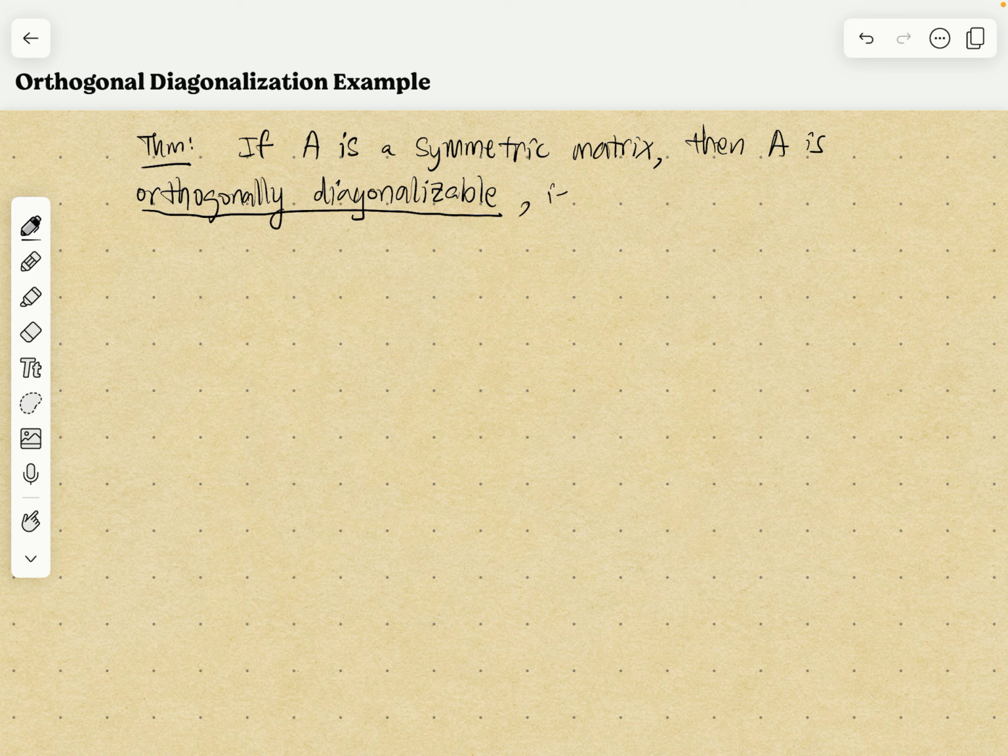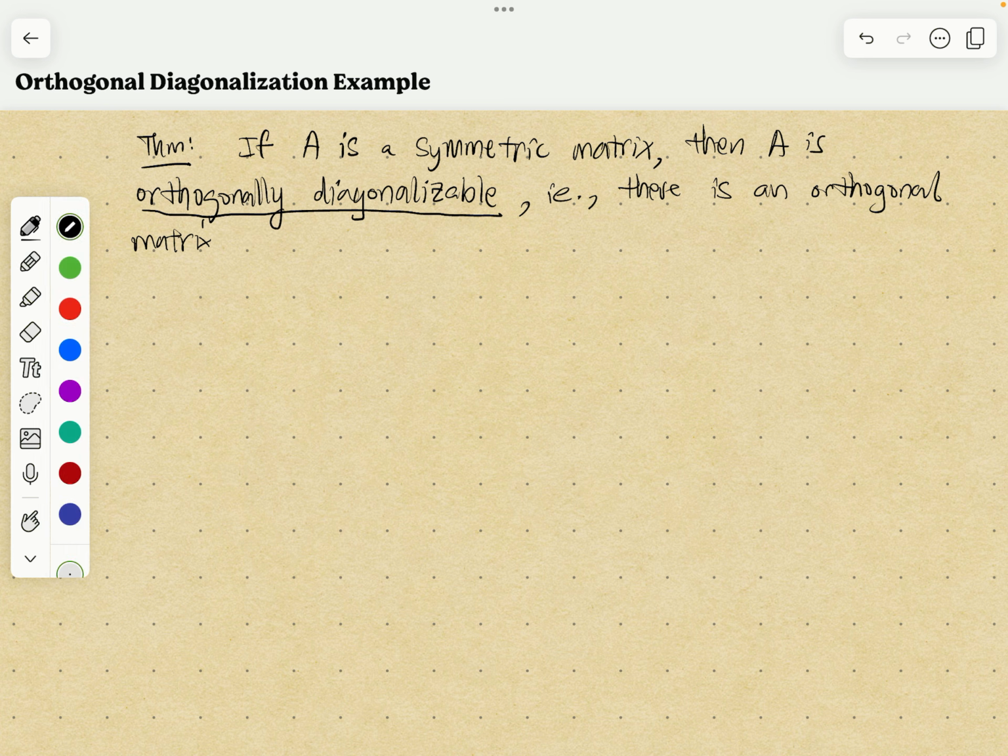And what does that mean? It means that there is an orthogonal matrix, let's use Q. That's more typical for orthogonal matrices.